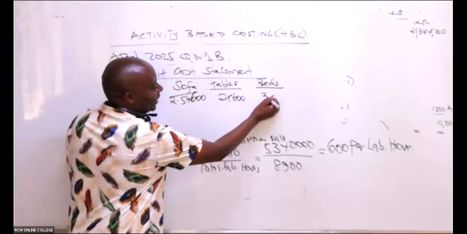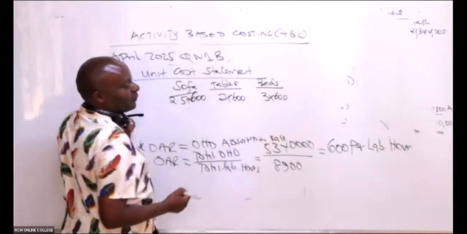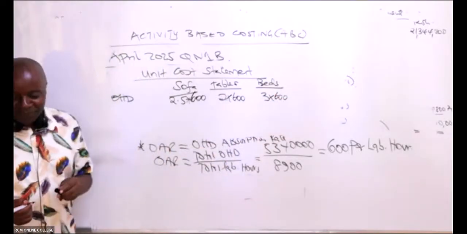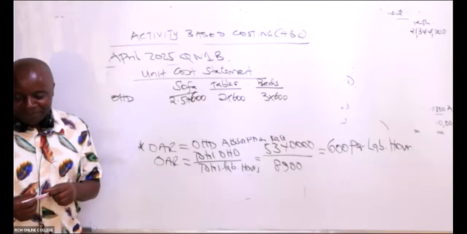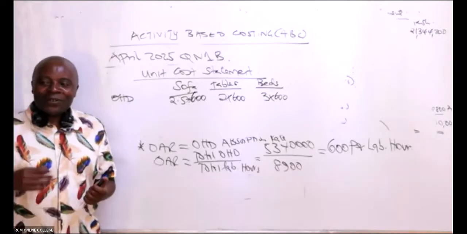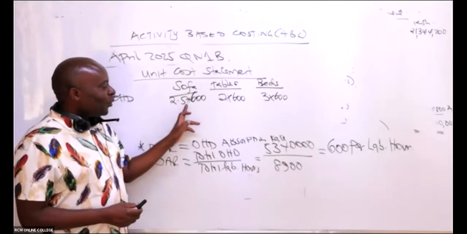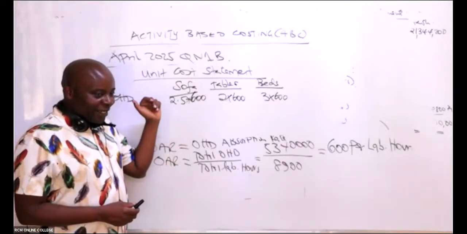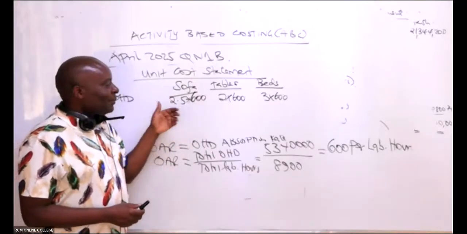600. So remember, if they wanted a total, then I would have multiplied this with the number of units. Like if it's sofa set, you're going to make 1,000, then times 1,000.